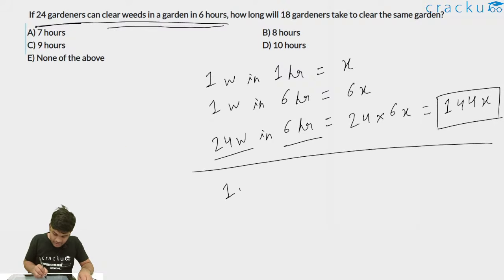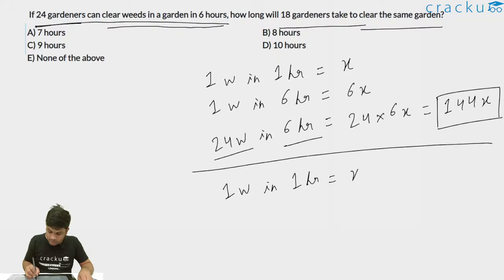Now let's again take, we have to find how long 18 gardeners will take to clear the same garden. So one worker again in 1 hour will do x amount of work. Okay. Now let's take this time as t hours. We don't know the time, so we assume it as t hours.